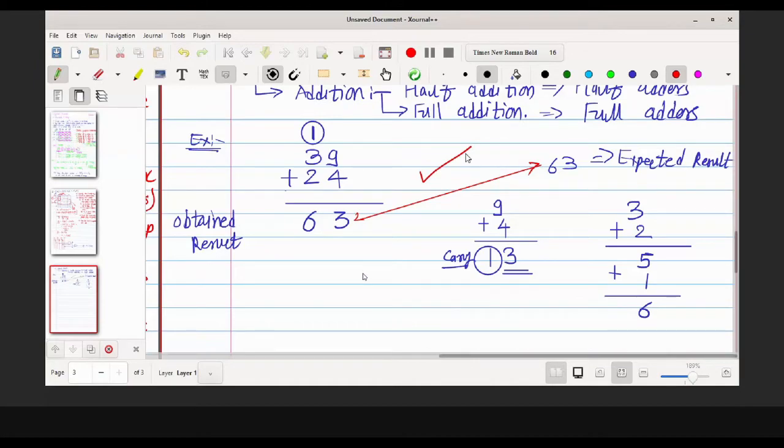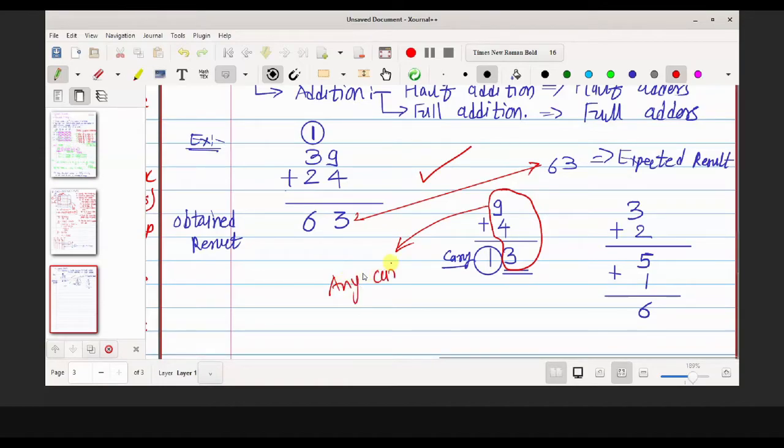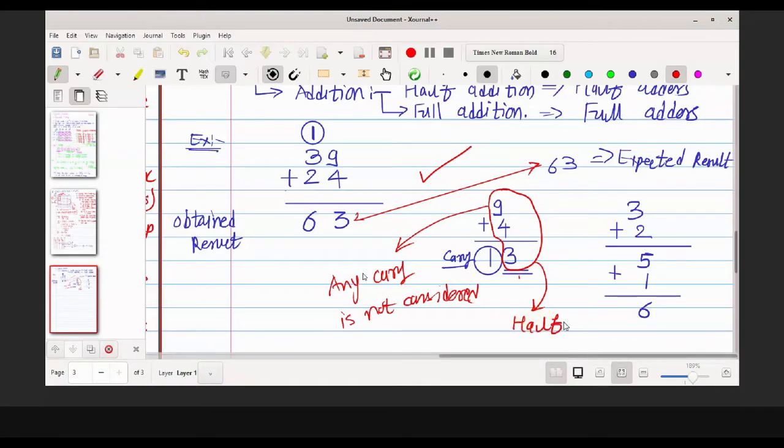Okay, so what is happening? When I do this addition, you can see that I am not considering any carry, right? Such a type of addition is called half addition. And when I include the carry to get the final result, look at this particular thing, how many additions am I doing here?